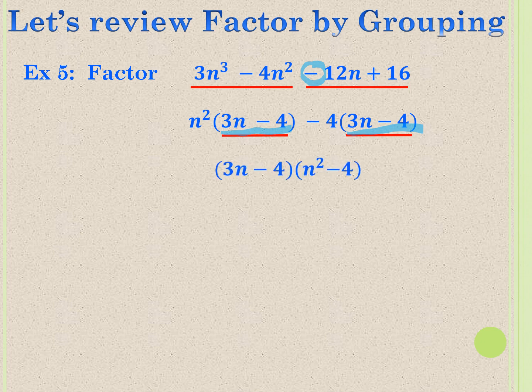Now, 3n minus 4 will not factor any further. However, n squared minus 4 is a difference of two squares. So I break that into being (n plus 2)(n minus 2), and now you could factor and solve to get your zeros.